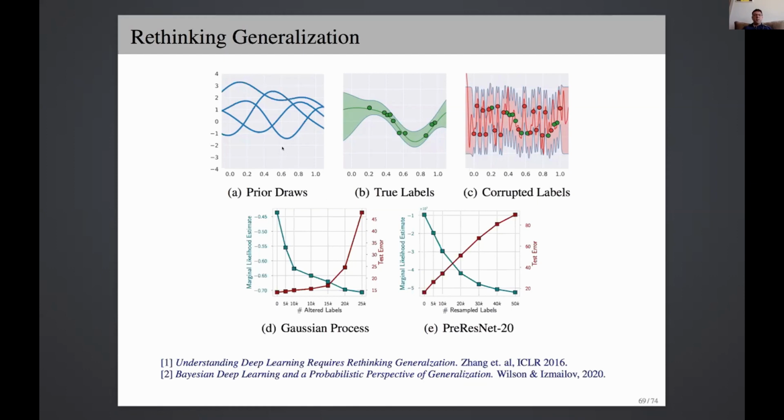So in this top left panel here, we have sample functions from a GP with an RBF kernel, all with sort of similar statistical structure. In panel B, we have a fit using that prior to some data points in green, which provides a reasonable looking predictive distribution. In panel C, we additionally add a bunch of corrupted labels given in red, and we can see that the GP posterior is able to run through those perfectly with no training error.